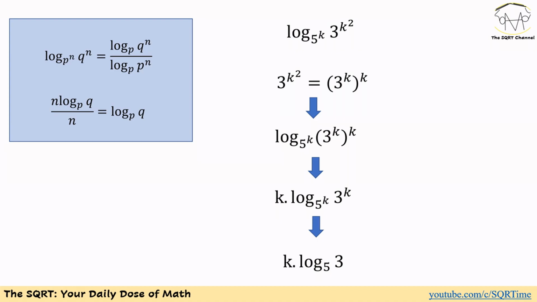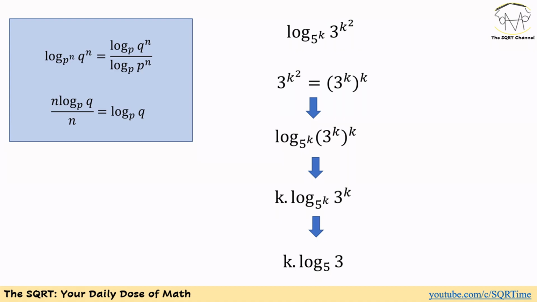For the denominator, on the other hand, we will have log of p to the power of p times n, and log of p to the power of p is 1 here. So at the end, we can simplify n from both numerator and denominator, and we will end up with log of q in base p. So to simplify, we can say log of q to the power of n in base p to the power of n is equal to log of q in base p.